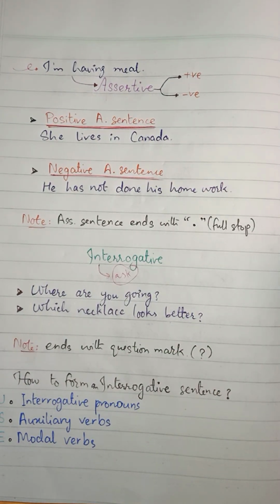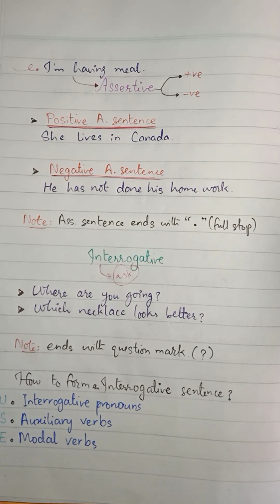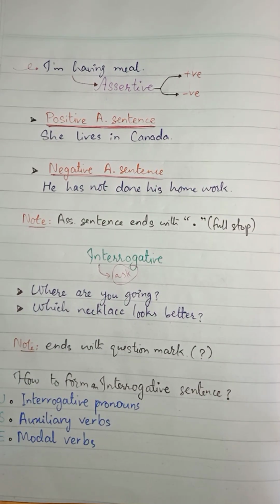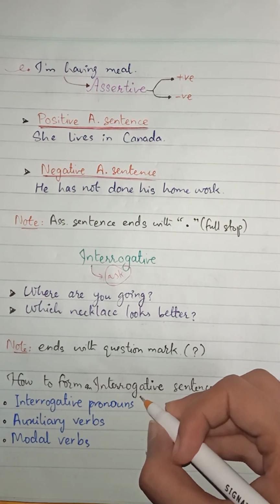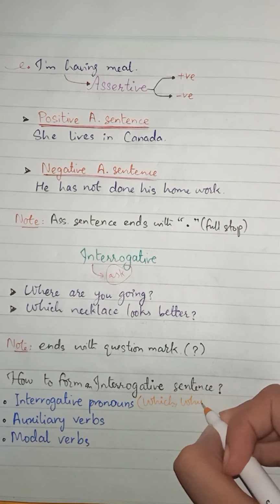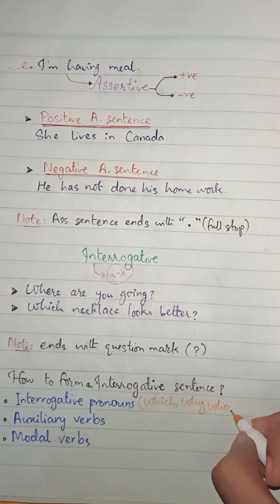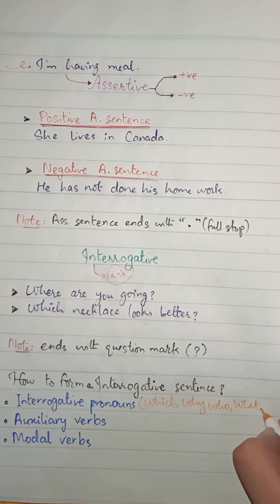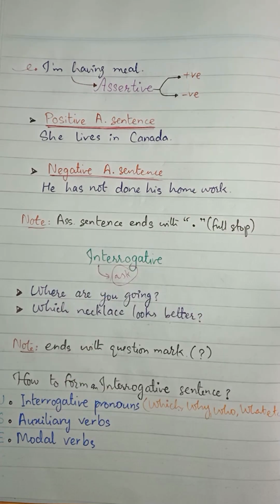अब interrogative pronouns क्या होते हैं? ये होते हैं हमारे पास जो WH से स्टार्ट होने वाले जो वर्ड होते हैं ना, वो फॉर एग्जाम्पल which, why, who, where, etc. और what, etc. ठीक है? यहाँ पे भी मैंने एक लिखा है where.